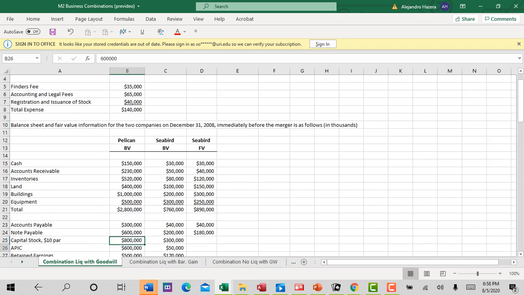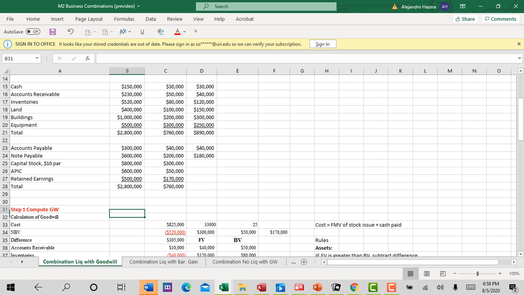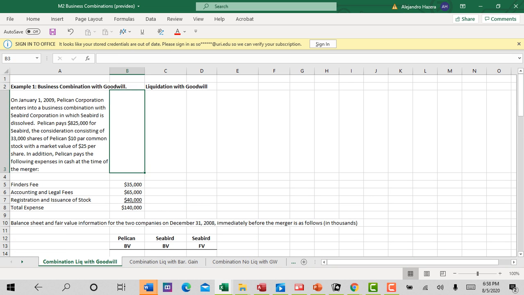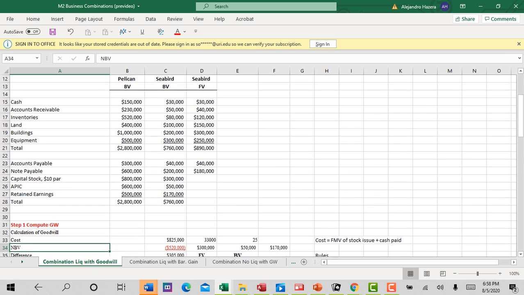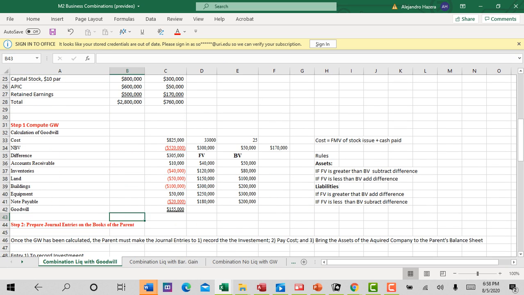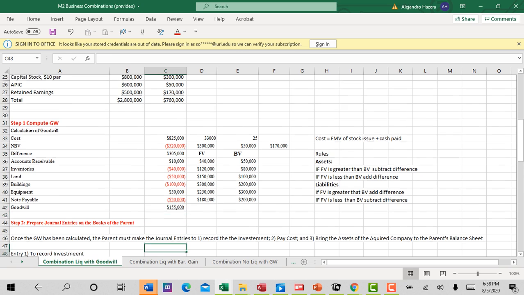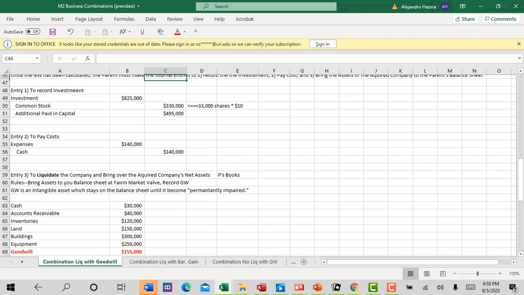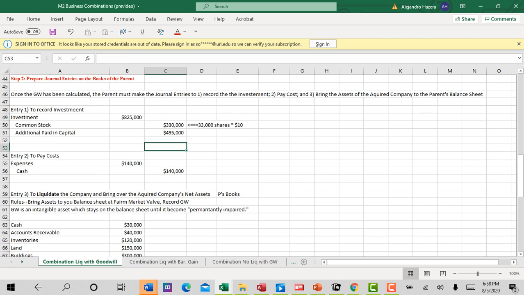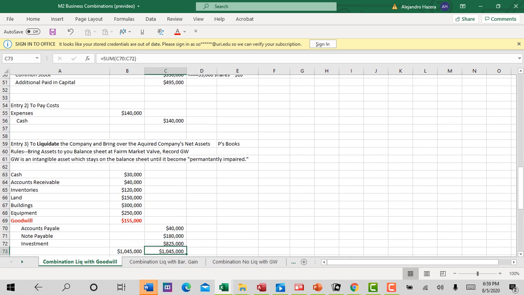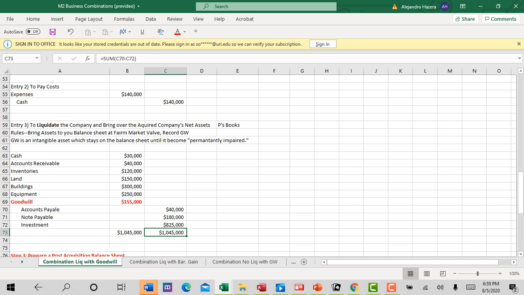And I want you to notice that they're basically the same. We're going to have the same purchase price, same expenses, same financial statements, and we're going to compute the same goodwill. The big difference is that the parent is going to buy the stock, record the expenses, but not liquidate. So we're not going to have a liquidation entry on the books of P. What we're going to have is what we call a consolidation entry on a separate worksheet, which puts the two sets of financial statements together.